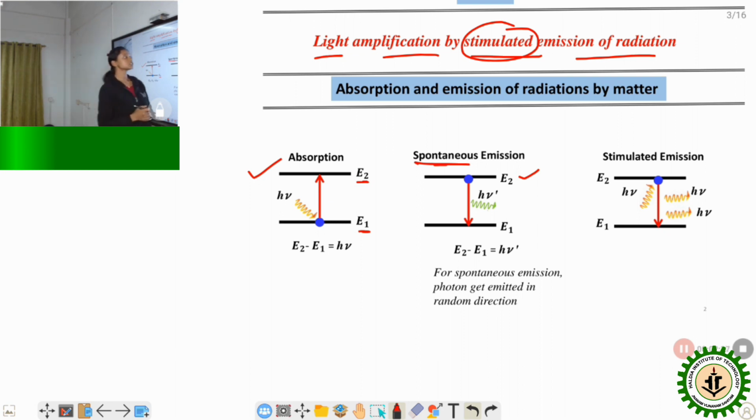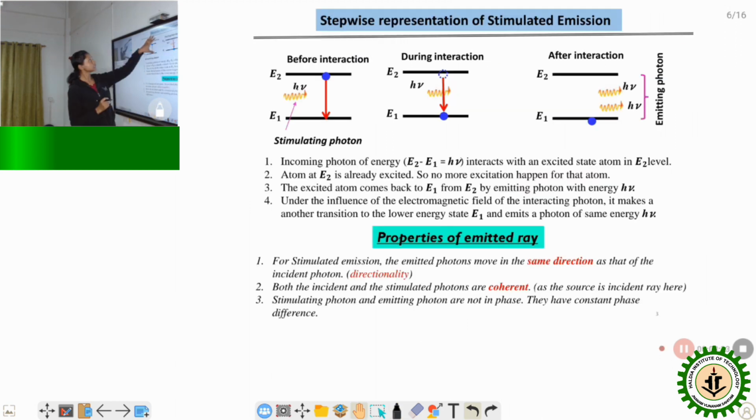But for stimulated emission, it has been represented state-wise. First, there are atoms at the higher excited state.